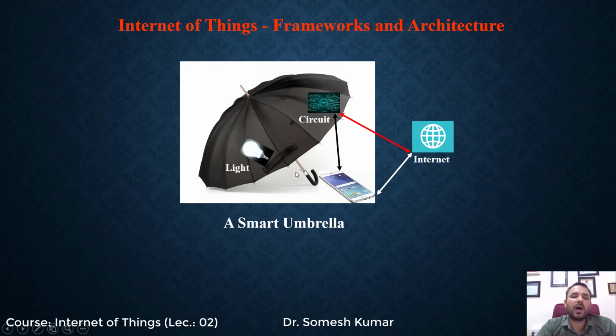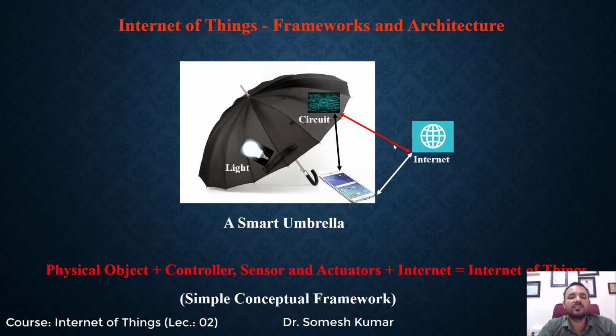So for all these processings, for all these connections, the core of this umbrella is the internet. Here you can also use a storage unit. The storage unit may be local storage or cloud storage. Fine. This is one beautiful example of an IoT framework.